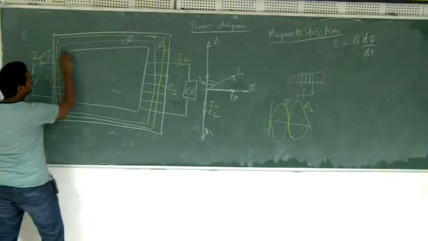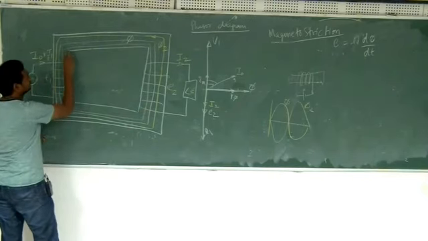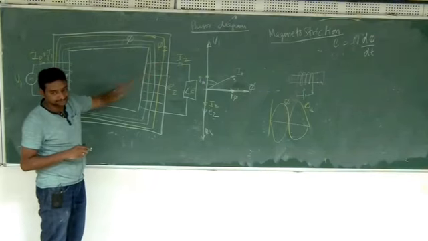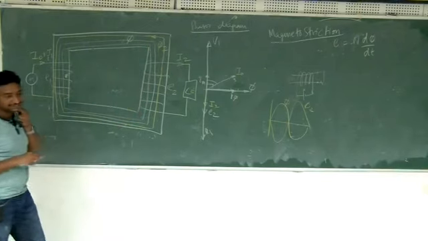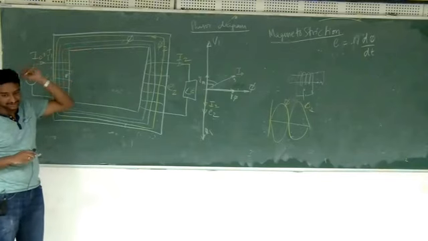So I'll write like this. That new flux will be in the same direction as the original flux, and these two will cancel each other. So this will cancel with this one. And then finally only the no load flux remains.